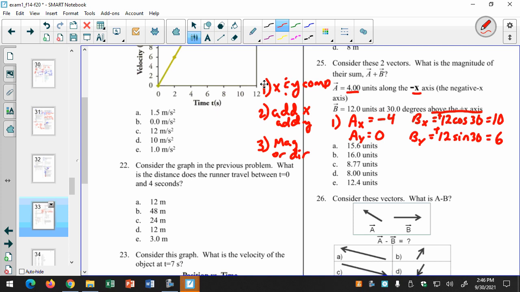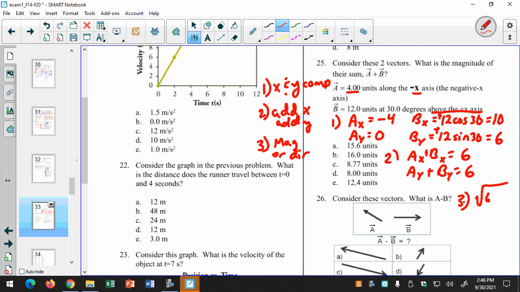That's step 1. Step 2 is to add up Ax plus Bx is equal to negative 4 plus 10, or 6, and Ay plus By is equal to 6. Okay, so now for part 3, I want to know the magnitude of this new vector.